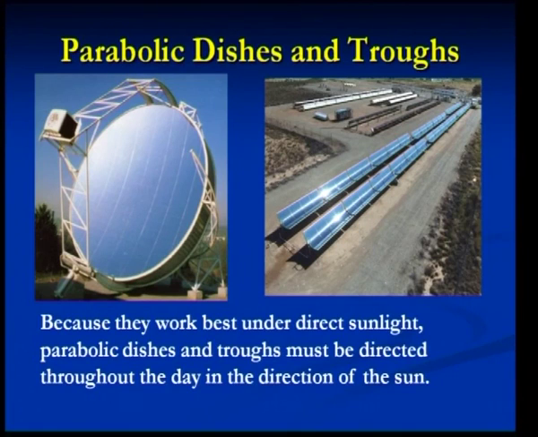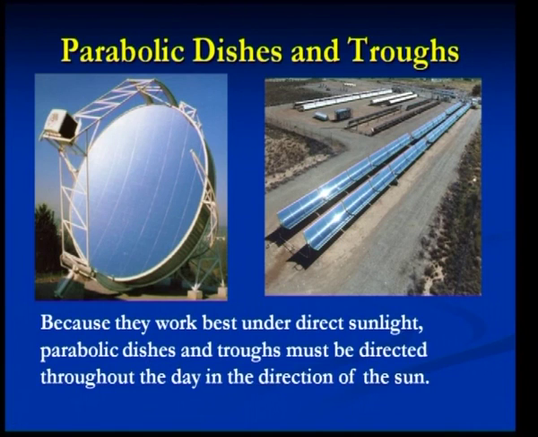So, that is the basic idea of having an array of collectors and concentrating the heat energy to one central point where the highest temperature can be achieved, which can be of much use for our applications. Now, these are the pictures of the parabolic dishes and the troughs.